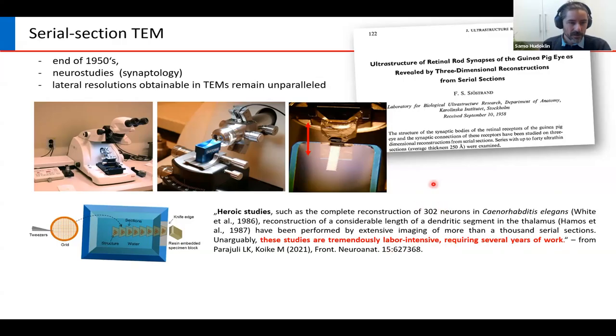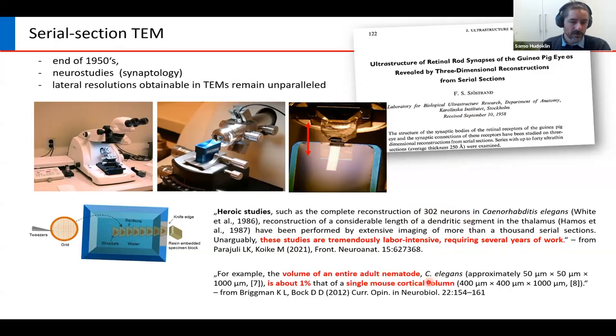For instance, in a study from '86, only 300 neurons were reconstructed by this approach. To put it in perspective, that's only about 1% of a single mouse cortical column. So if you wanted to reconstruct the whole brain this way, you could spend decades. So it's not an option.